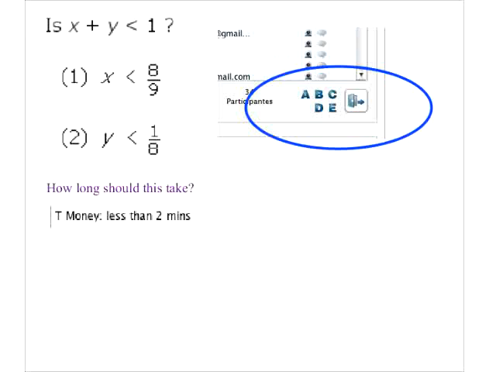And the general principle here is that the problem is short. So 2 minutes is an average time. That's the thing you've got to keep in mind. That's an average. Remember the way that averages work. Sometimes you're going to be above the average. Sometimes you're going to be below it. But 2 minutes is an average. It's not a limit. So make sure you don't treat it as a limit.